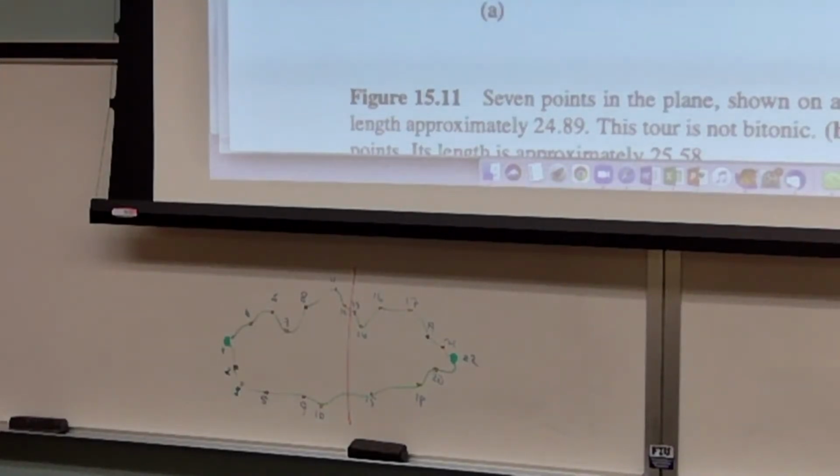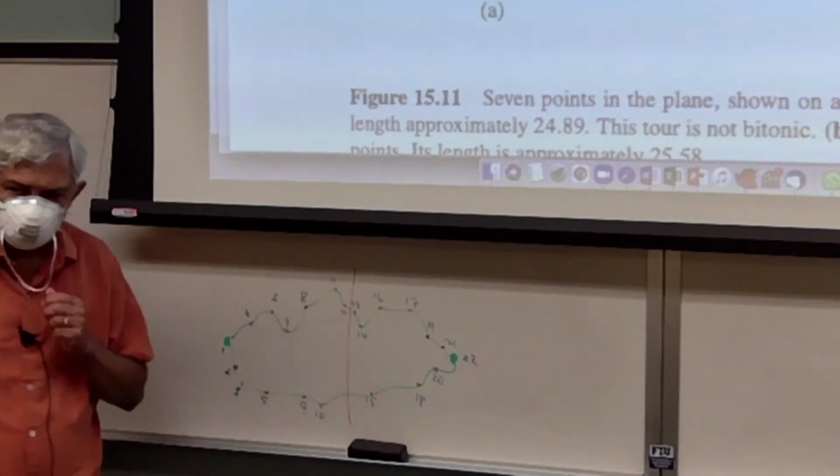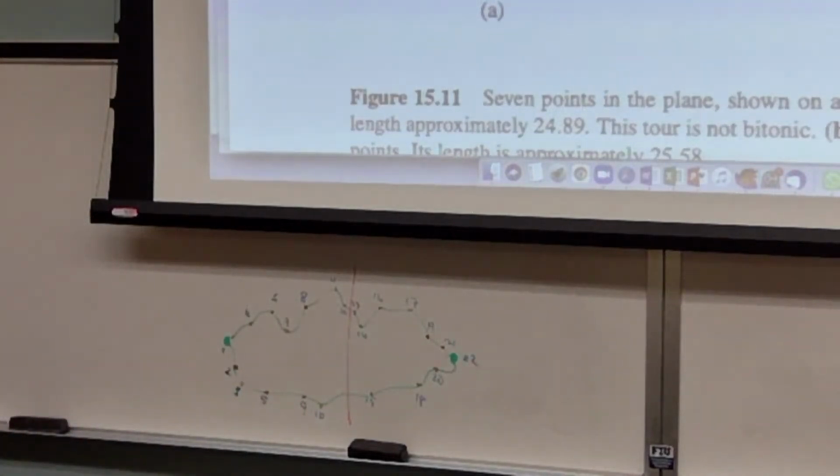So now, if I draw a vertical line here, I'm saying, let me look at the first 12 points, and every point is either going to be on the upper tour or the lower tour, on the way going west or on the way coming back east. Does this help you?